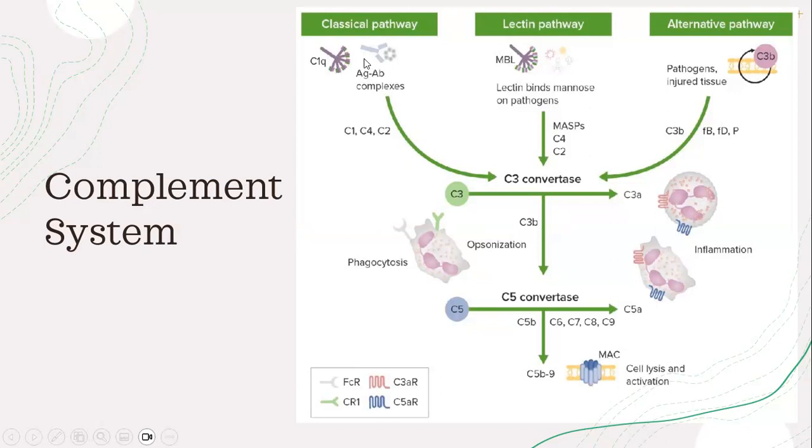In this case, if an antibody is bound to a pathogen and it neutralizes it, one complement protein could recognize the Fc part of the antibody and bind onto it, and then it would activate another one, and then another one, like a cascade, and that would eventually lead to more of them becoming activated.